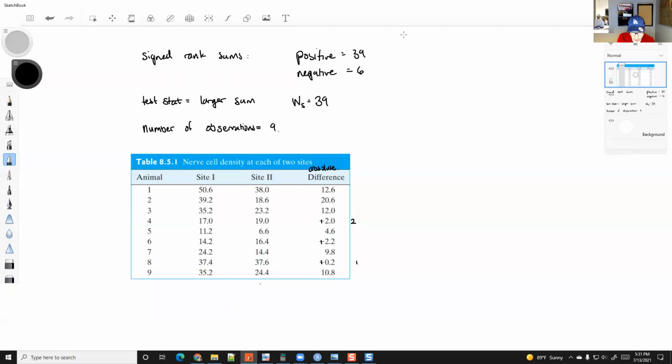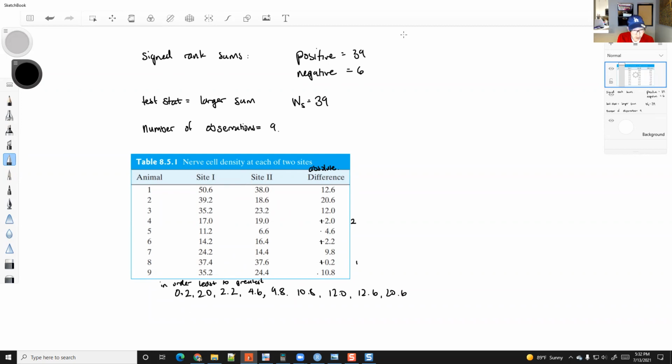If I had to put these in order from least to greatest, I would go 0.2, 2.0, 2.2. The next value would be 4.6, the next after that 9.8, then 10.8, then 12.0, 12.6, and 20.6, I believe.